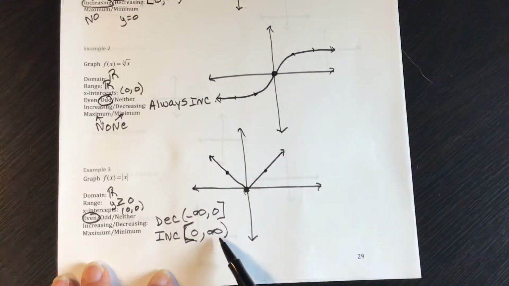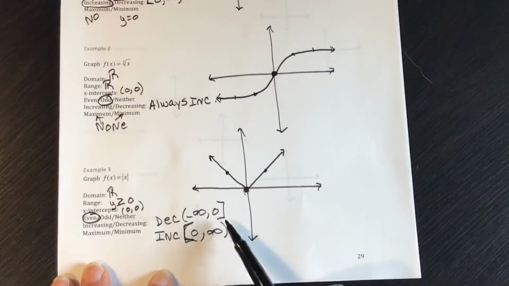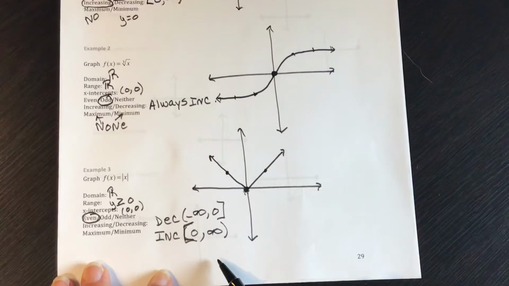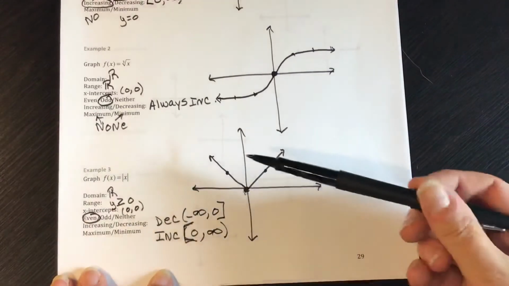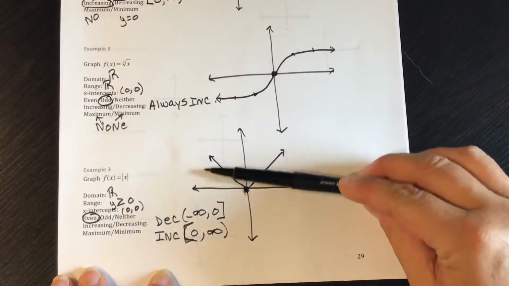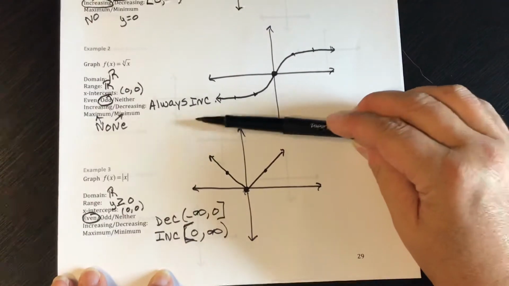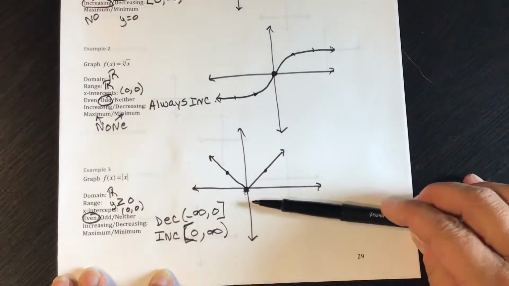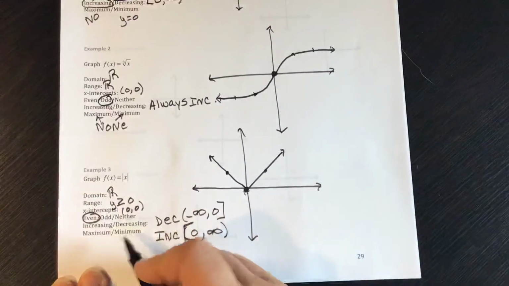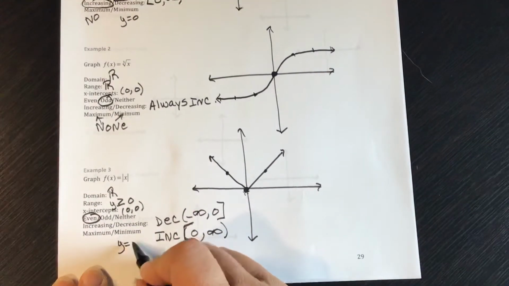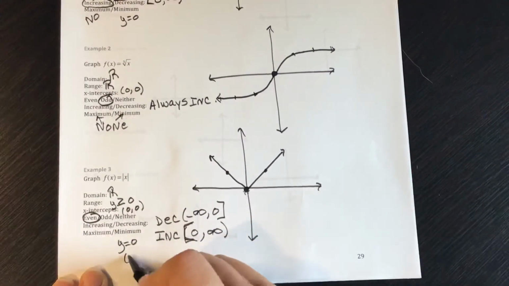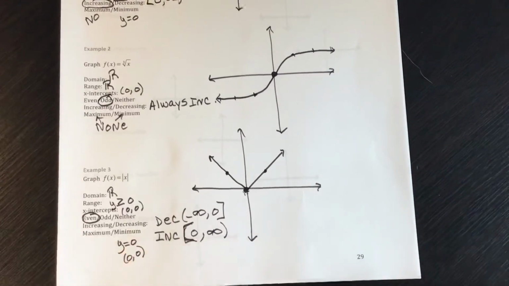So there isn't a finite point to put the bracket around. And if we look here, I don't have a maximum value up here, but I do have a minimum value, and that minimum value happens at y equals 0, or at the point 0, 0.